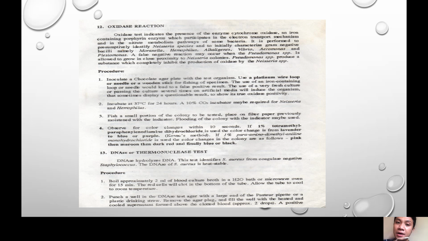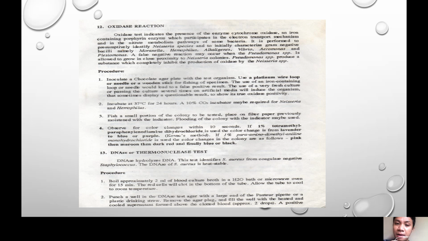Then we have your DNase test, or the thermonuclease. Again, this will identify the enzyme DNase. It is based on the reaction where the substrate DNA is hydrolyzed into short oligonucleotides. You just need an indicator and a clearing of the colony. The procedure here is a different one.